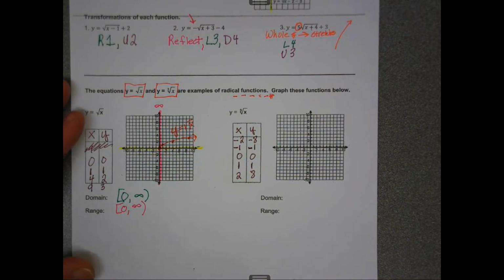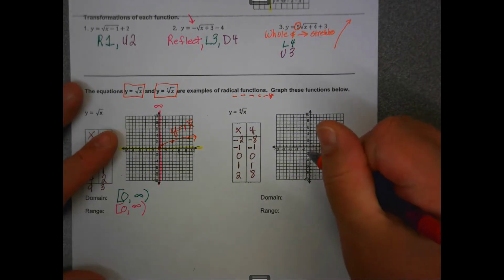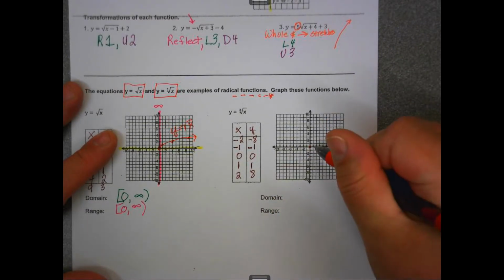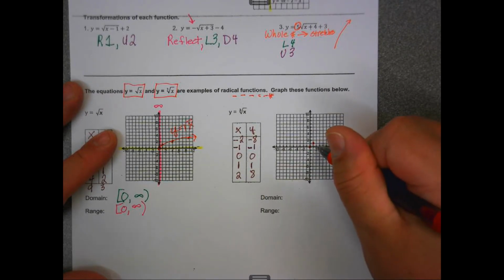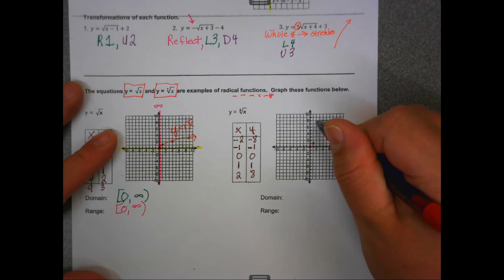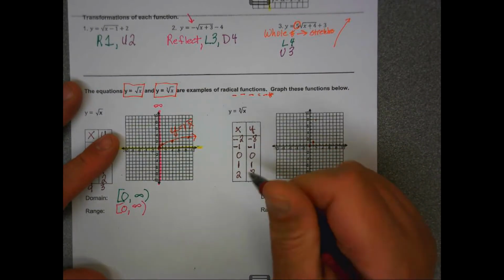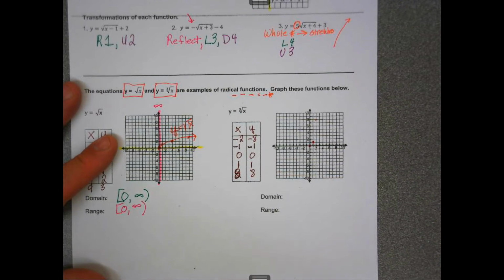So let's graph this parent function. 0, 0, 1, 1, -1, -1, 2, 8, -2, -8. Those should be reversed, because we're choosing the perfect cube for our x.